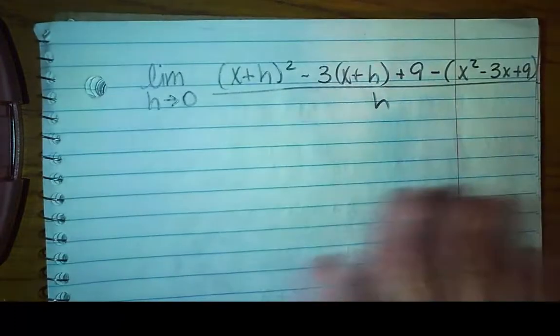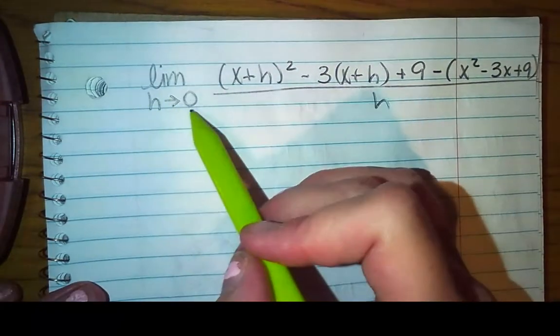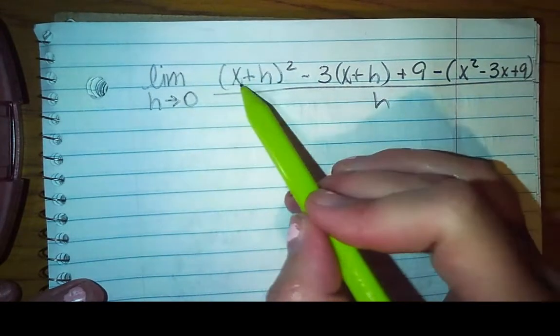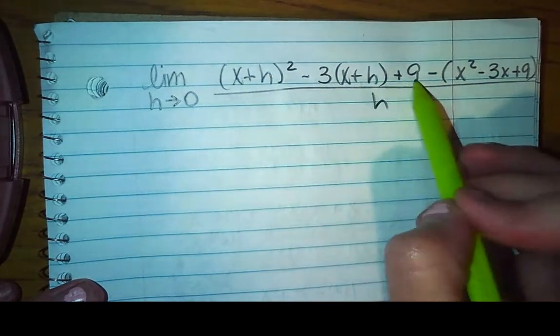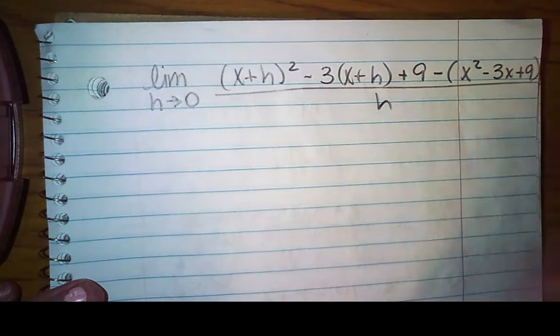It just makes it a little bit cleaner because it was already overwhelming. If h is 0, you'll have x squared minus 3x plus 9 minus itself, and so you'll have 0 on top and 0 on bottom.